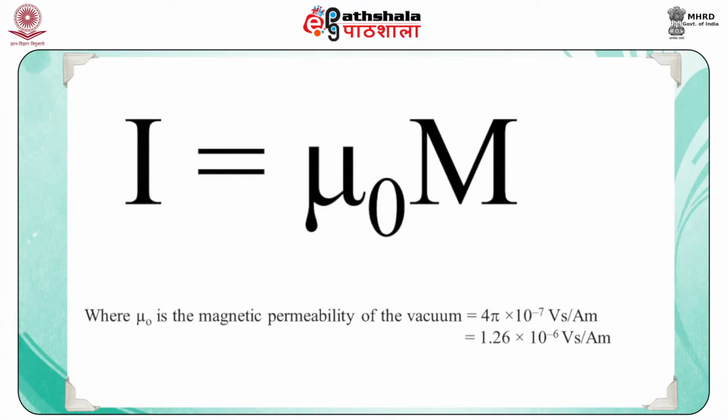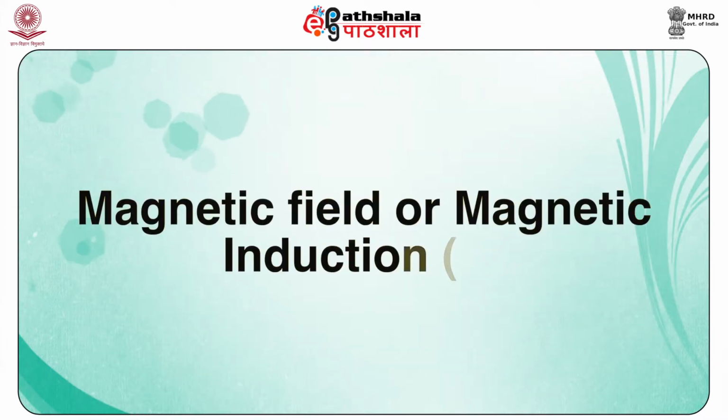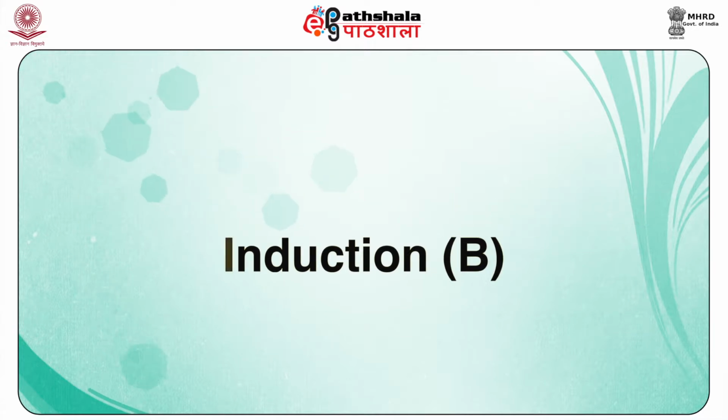This allows an alternative description of all magnetization phenomena in terms of the quantities I and B, as opposed to the commonly used M and H. Magnetic field B, or magnetic induction.